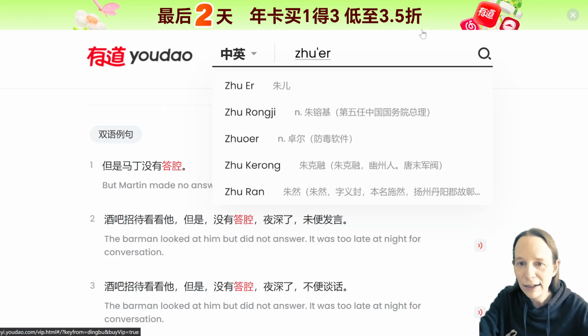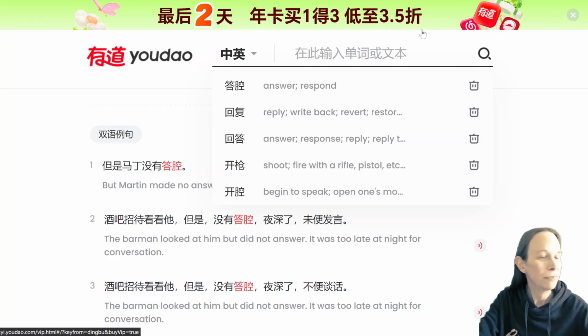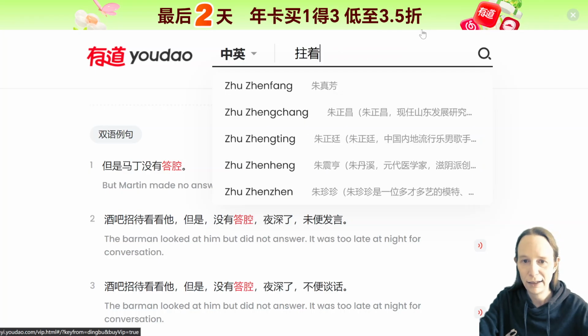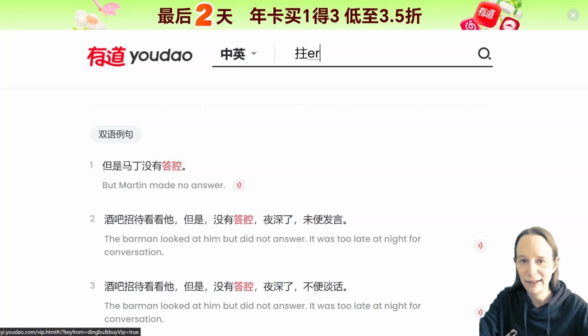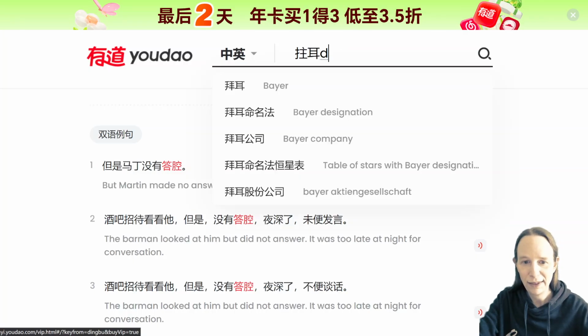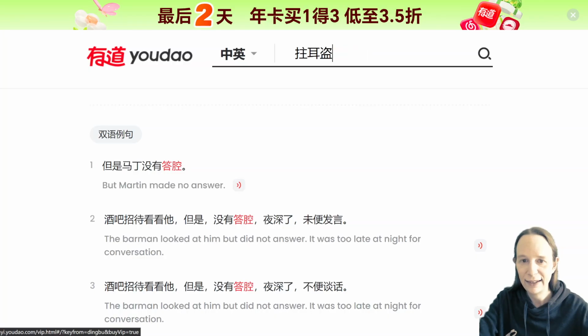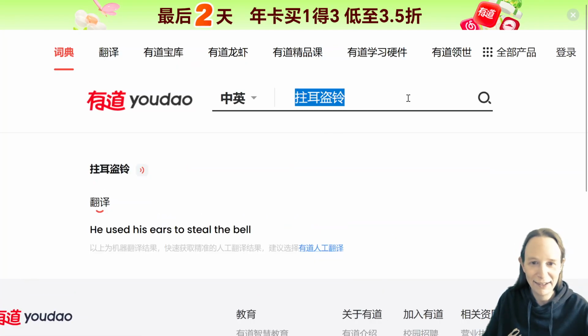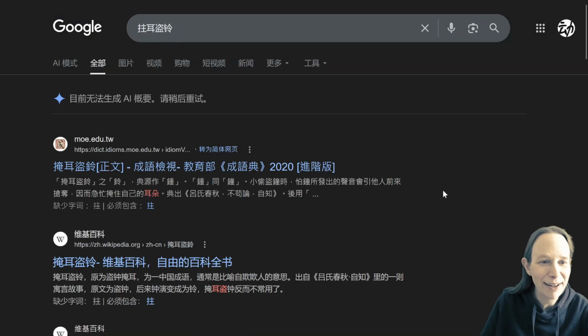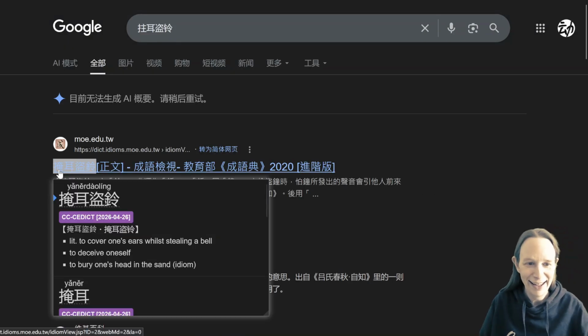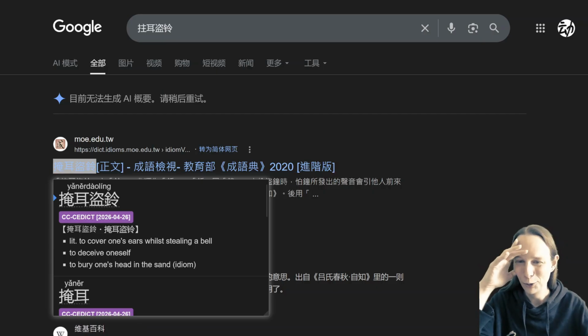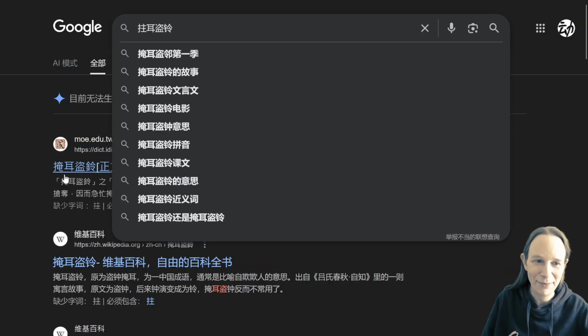And ling meaning a bell. Is that the right one? Google will give me, yeah, oh, okay. Yan, not zhu. It's a synonym.